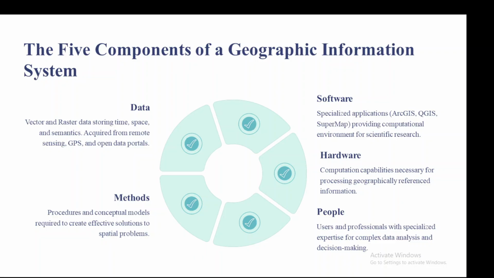The second is software, that is the engine that will drive GIS. If we talk about ArcGIS or QGIS or SuperMap, they provide the computational environment where all the analysis and visualization will happen. These platforms let us overlay different data sets together, perform spatial analysis, create 3D models, and they are even capable of simulating changes over time, which means that definitely a skilled person will do it, which comes a little later.